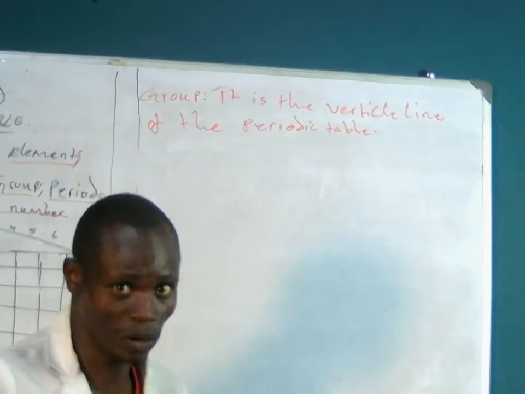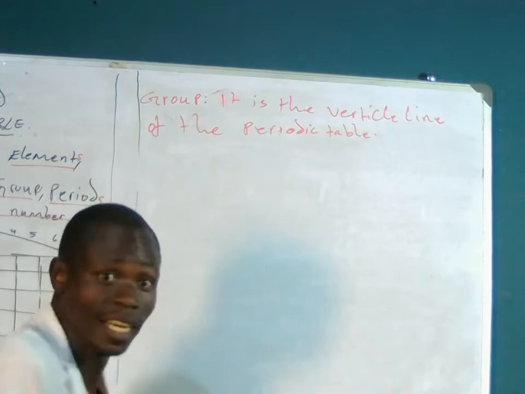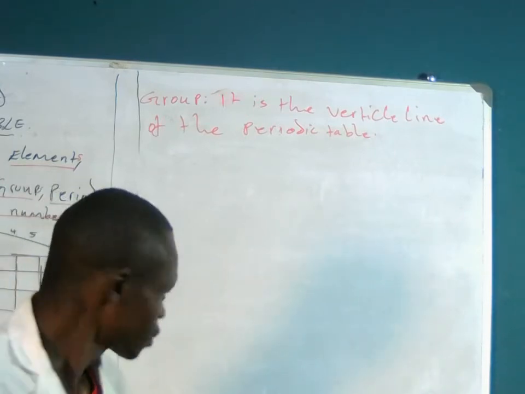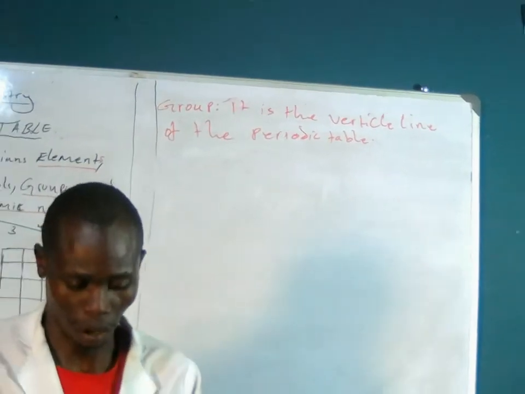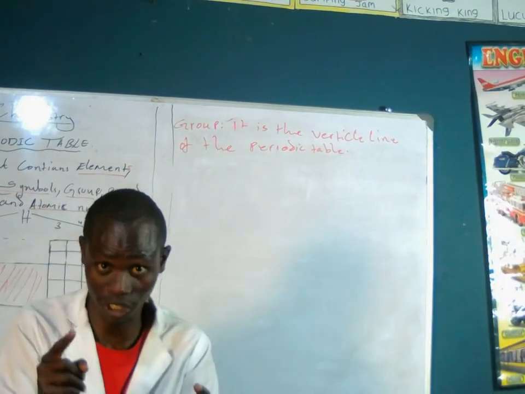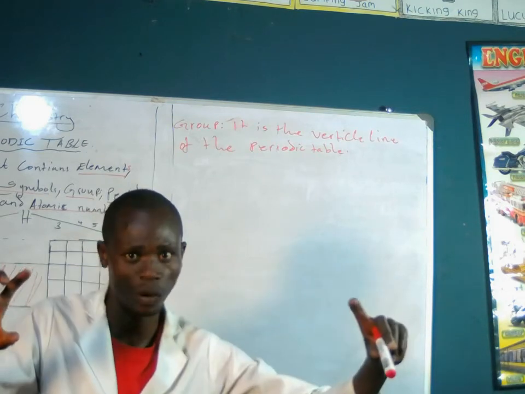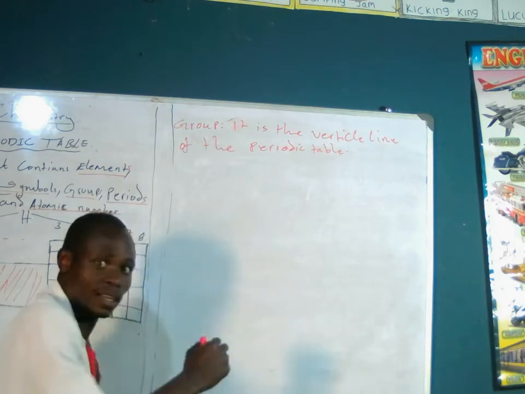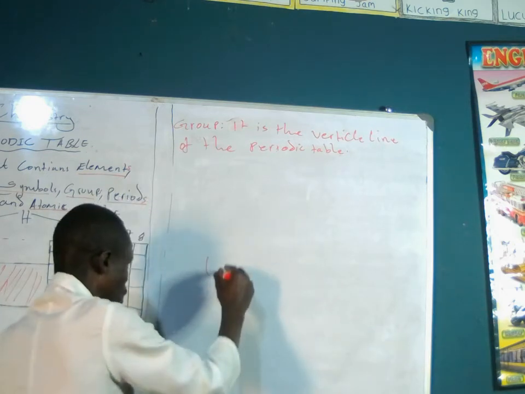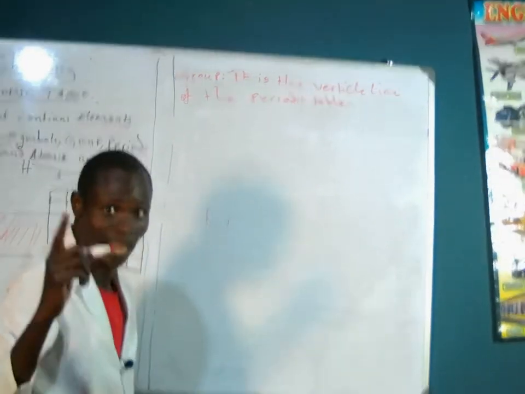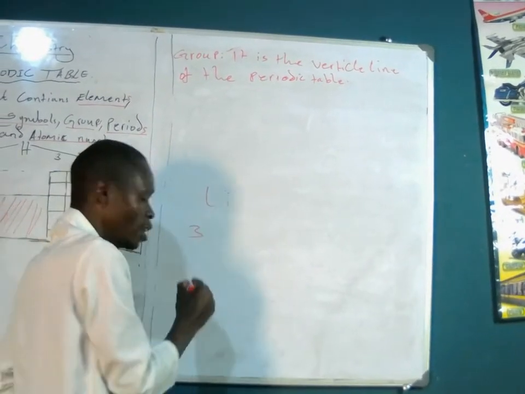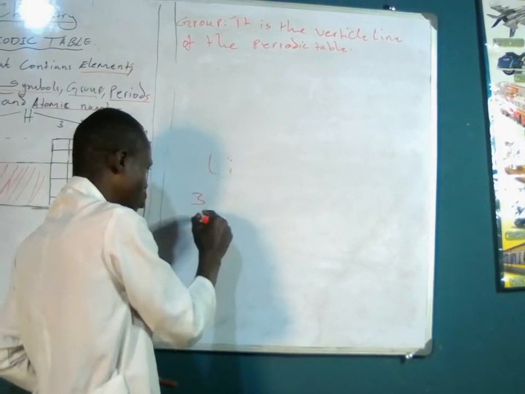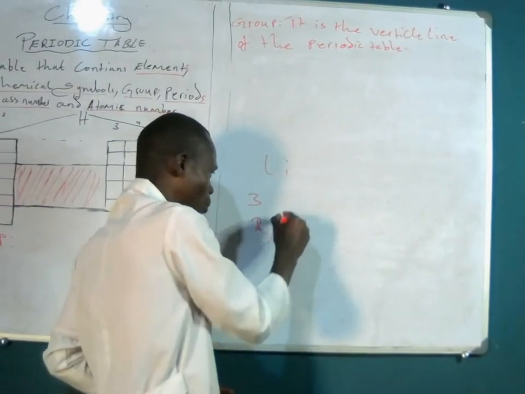Now the last one that I'll tell you: I define the group as the number of electrons of an element on its outermost shell. If we write the electronic configuration, for example, lithium has 3 electrons, so its electron configuration is 2, 1.